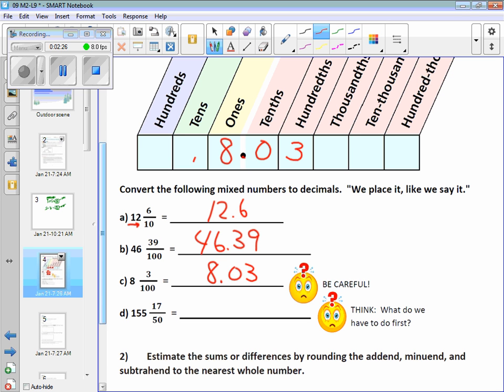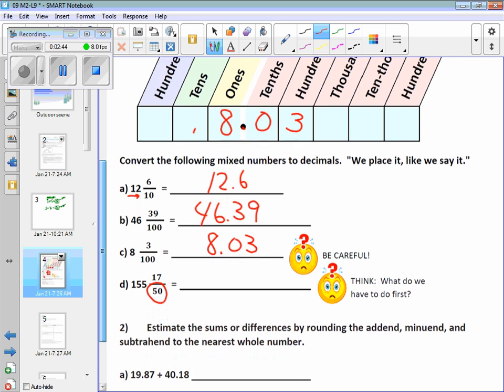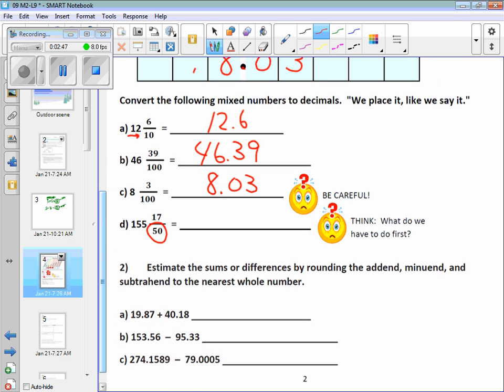It's got to be 1 and a number of zeros. If you don't have that, like in this example, what do I have to do first? Jay? Multiply 50 times 2 to get 100. Right, in this case I want to get an equivalent fraction for 17/50ths, which is what, Jay?